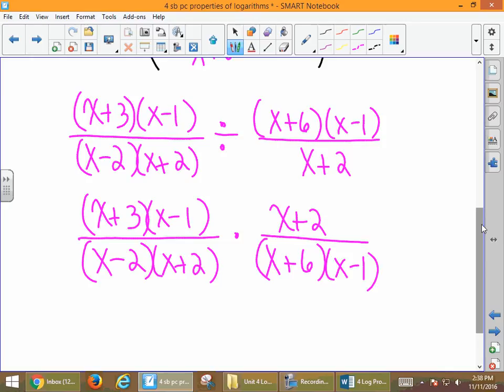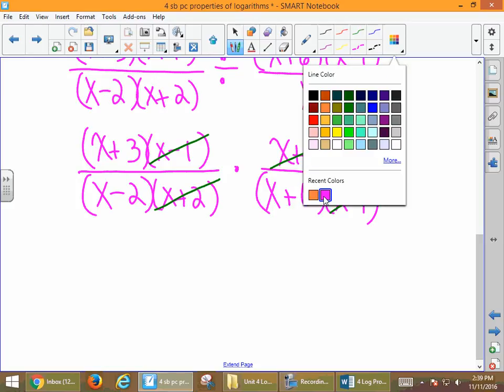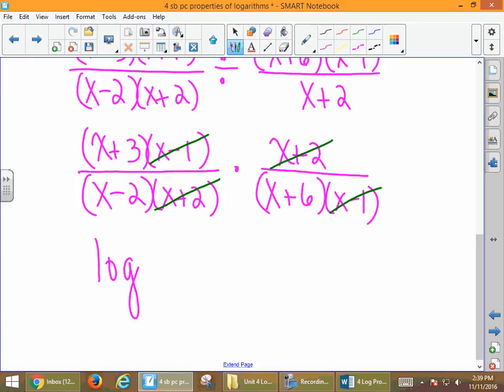And then what we can look at is, do we have anything exactly the same in the top and in the bottom? Well, we have an x plus 2, and we have an x minus 1. So when we finish this problem, originally, here we had log. I ignored it for a couple minutes. We had our common log.